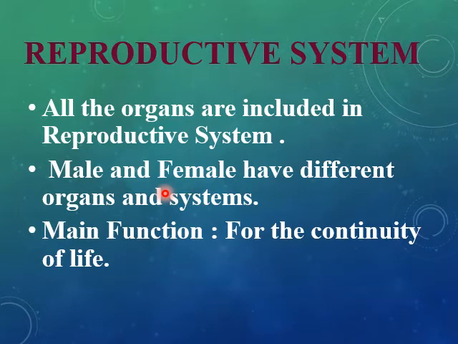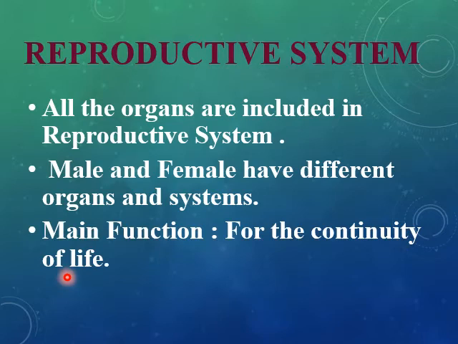So this reproductive system includes all organs. Male and female have different organs and systems. Male have different reproductive organs and female have different reproductive organs and their systems. Okay, so the main function of this system is to continue the life.